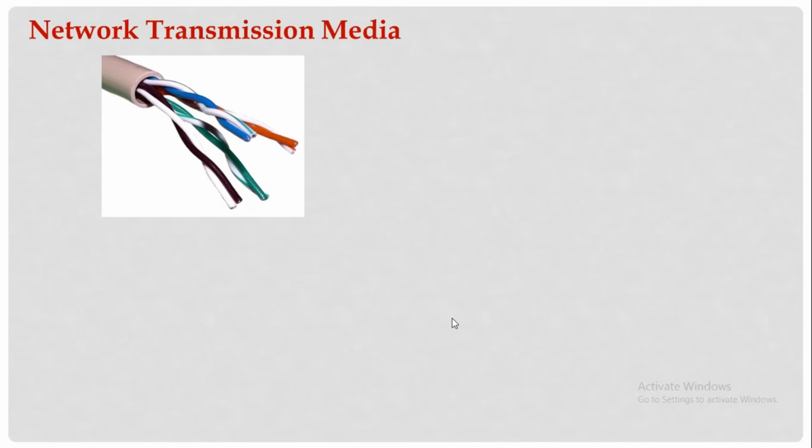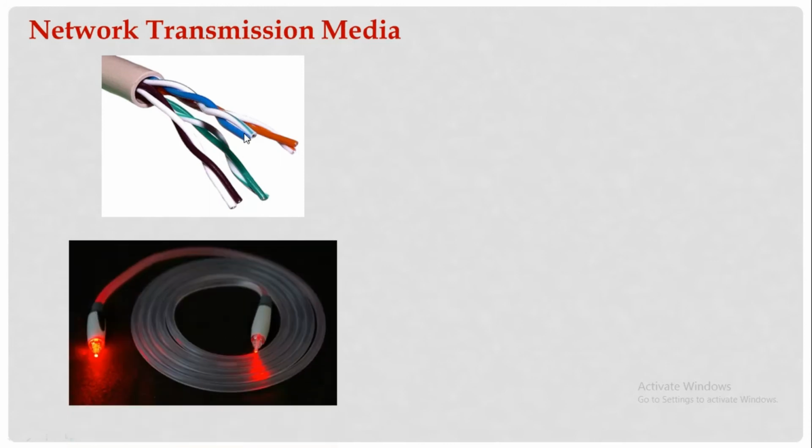Whenever a system is connected using a copper cable or twisted pair cable, the data is converted to an electromagnetic signal and transmitted via the copper cable to reach the destination. The second option is that the data is converted to a light signal and transmitted via an optical cable to reach the destination. These are the two different modes of transmission through a wire.